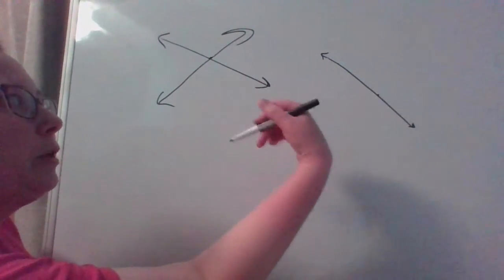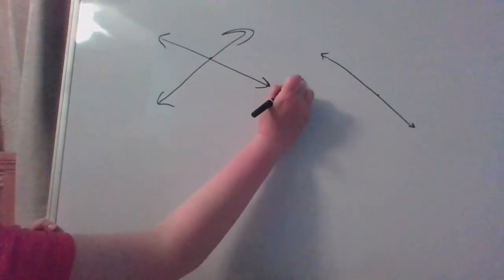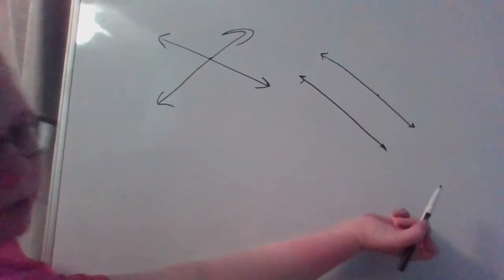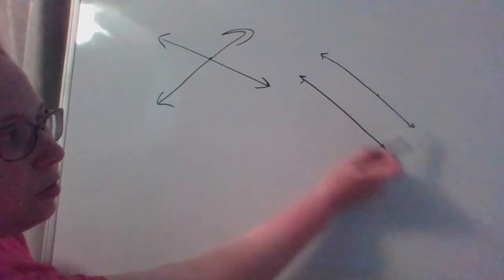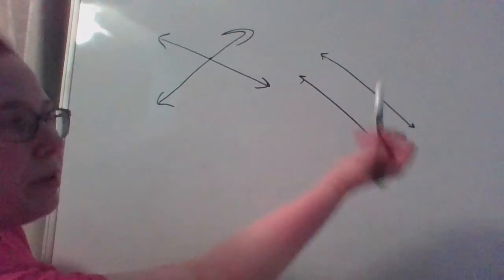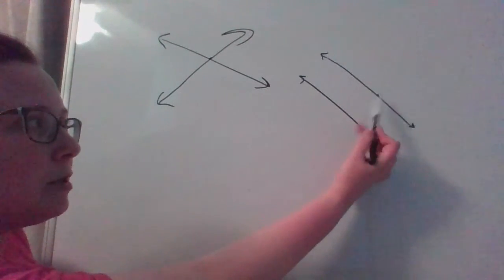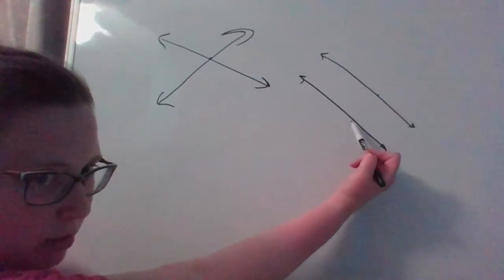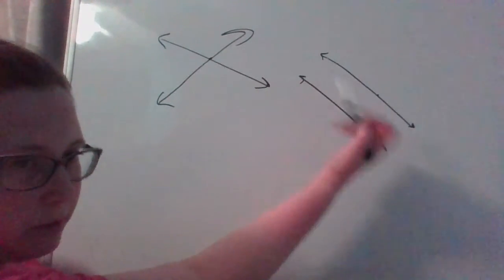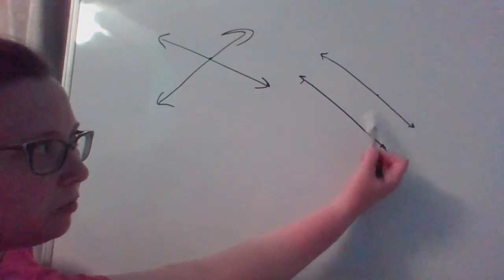The situation where there's no solution is where you have 2 parallel lines. Those lines are going on and on and on forever in both directions. But the definition of parallel lines tells us that they're never going to intersect. We can go 10 miles that way. These lines are never going to intersect. They're always going to be this far apart.